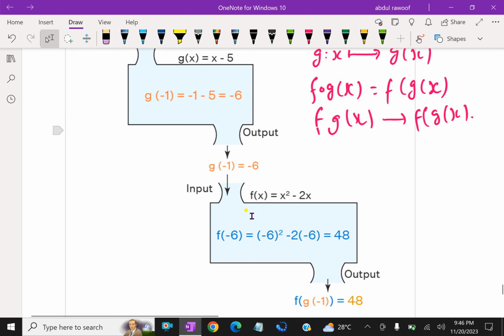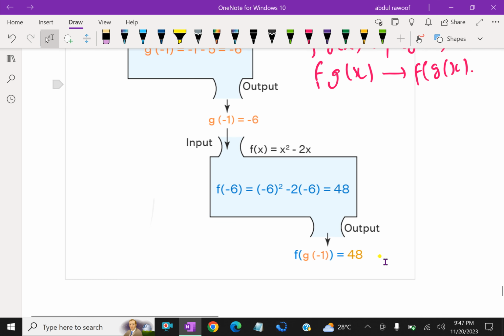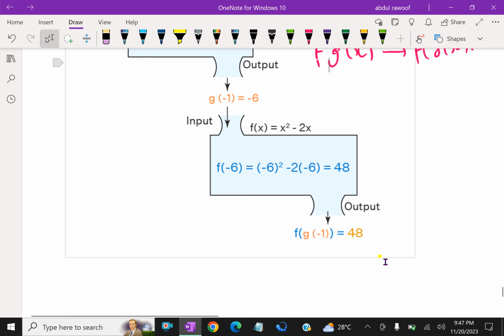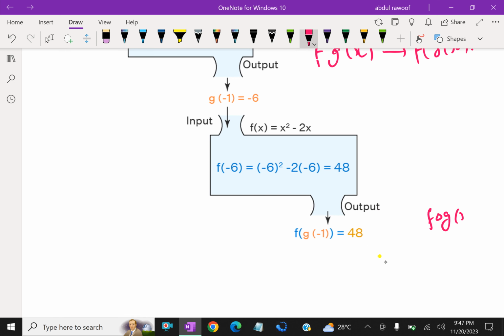That means f of minus 6 equals minus 6 whole square minus 2 into minus 6, so it gives 48. So f of g of minus 1 gives 48. That is, f ∘ g of minus 1 equal to 48 is the final output.